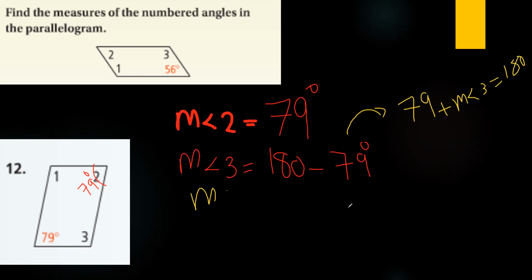So the measure of angle 3 will be 101. Now what is the measure of angle 1? 101. Bravo.